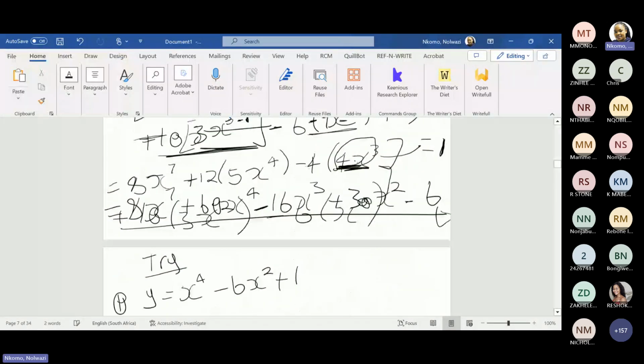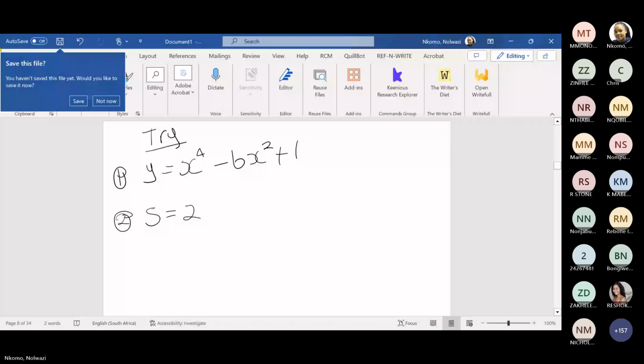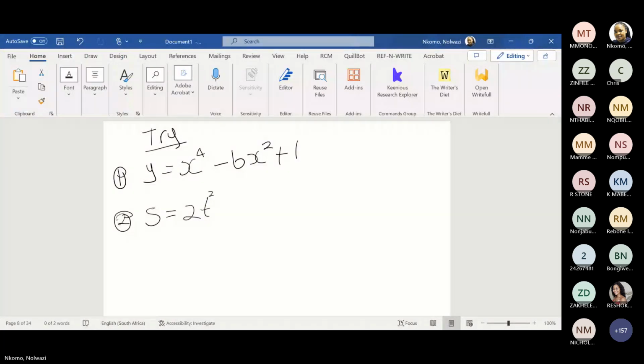Okay, in your spare time, please try this. Ma'am, number 2, is it an S or is it a 5?